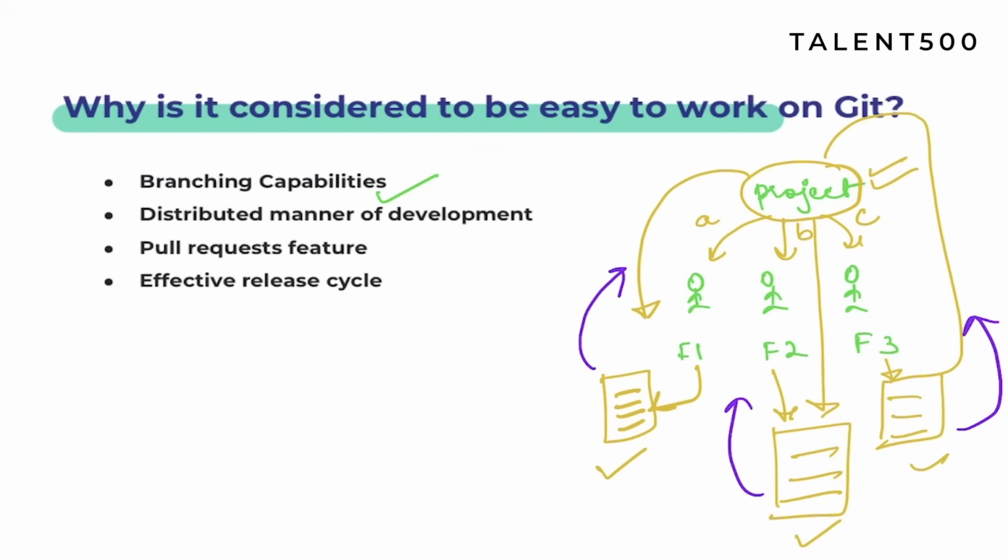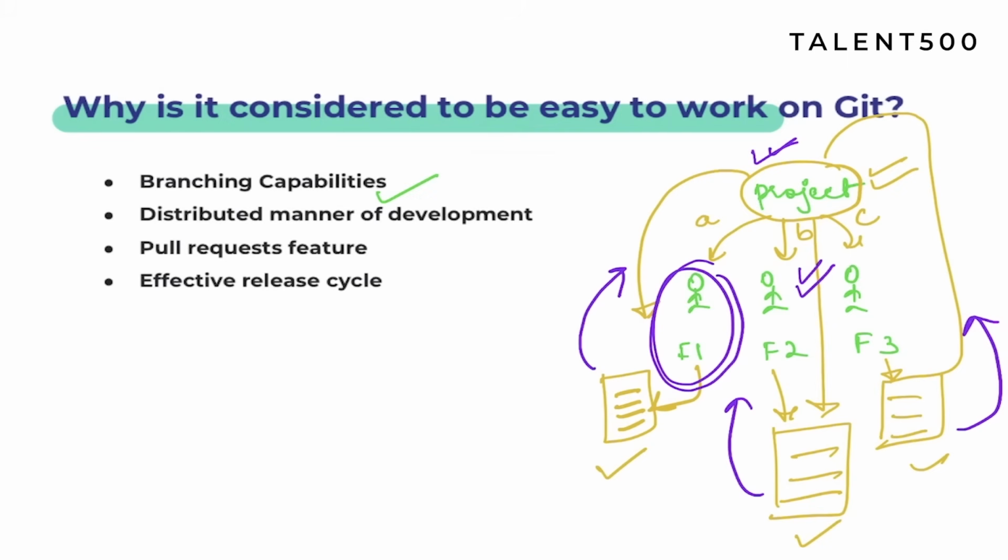And if you see how this has been helpful for us, they are not blocked by anyone. If they all are working on the same project, and this person is working on feature one, other people will be blocked because they will wait for this one to complete the work. But by maintaining a branch, this one is not blocked and is doing his work.